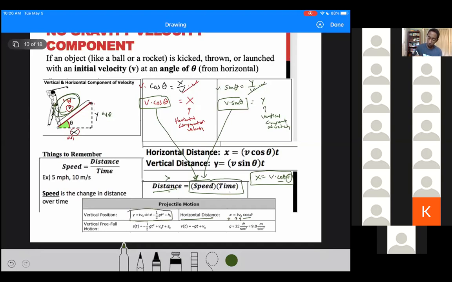But if you look solely at the height of the ball, it would be v times sine of theta times t. That is this portion of the formula. So that's where that's coming from. Let me pause. We talked about a lot there, theoretically without numbers. Any questions thus far? Did I lose anyone?